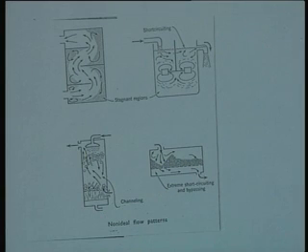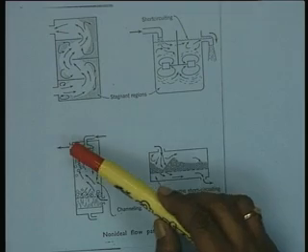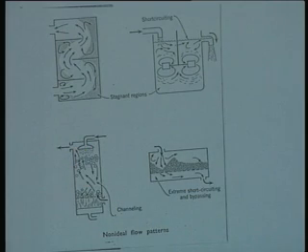For example, in a packed bed reactor, if the particles are not of uniform size and the packing is not uniform, there might be some channeling, with the result that a part of the fluid stream which is getting into the reactor passes through unreacted, and therefore the performance gets deteriorated.